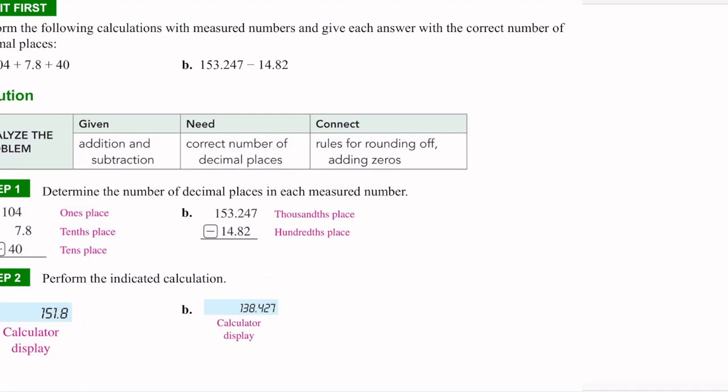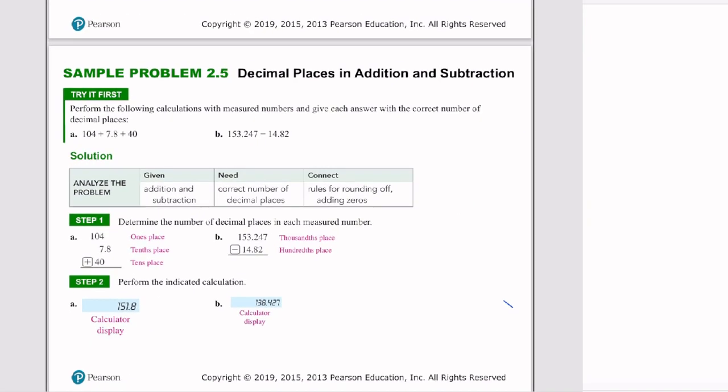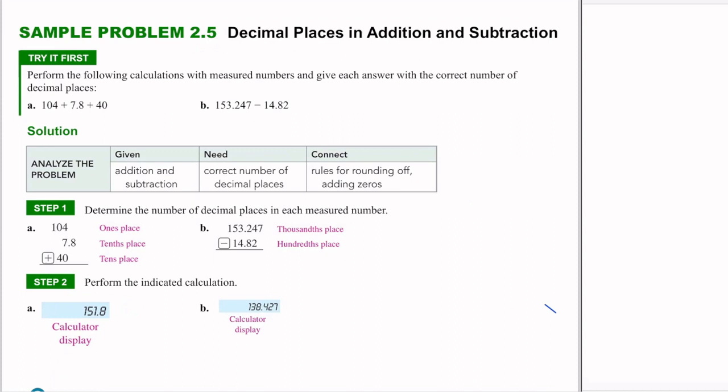So we have here 104 plus 7.8 plus 40. If we line all these values up, we'll see that 104 has 0 decimal places, 7.8 has 1 decimal place, and 40 has 0 decimal places.